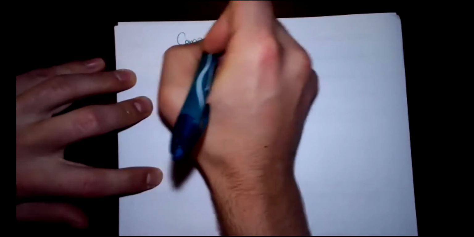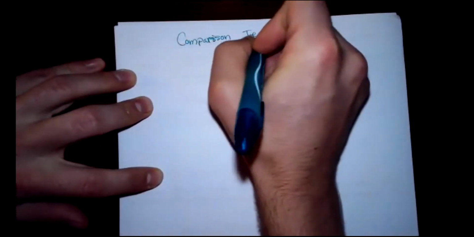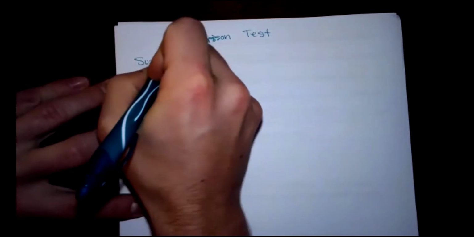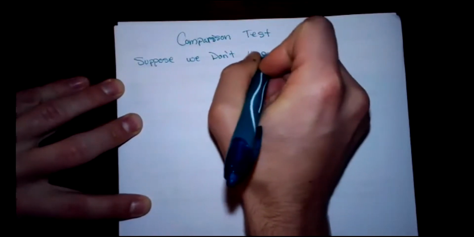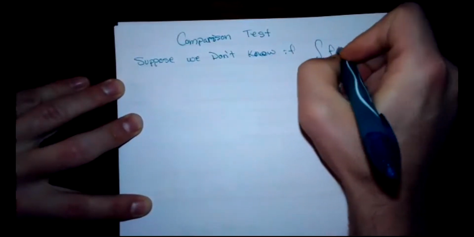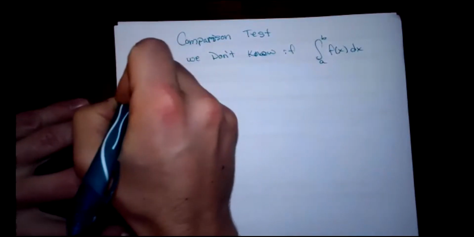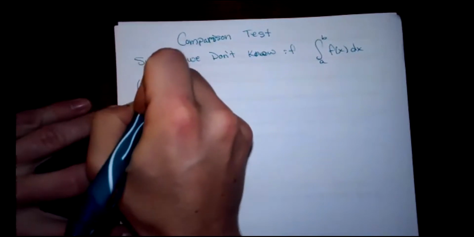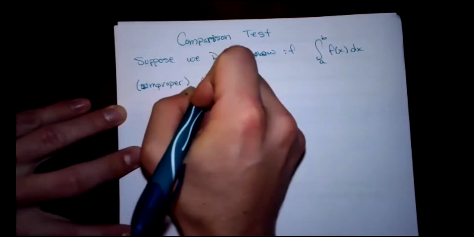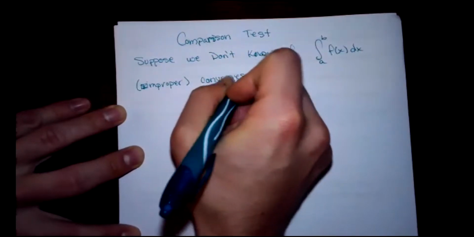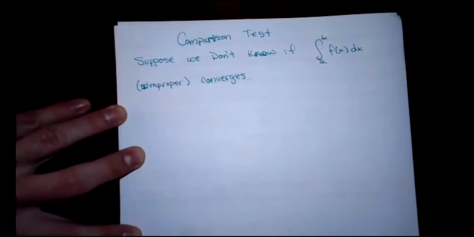Okay, so what is our comparison test? So suppose we don't know if some integral which is improper converges, and so the limits could possibly be infinity.